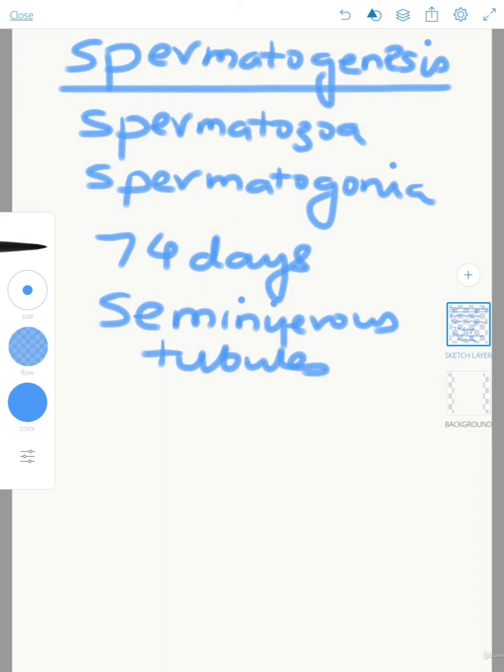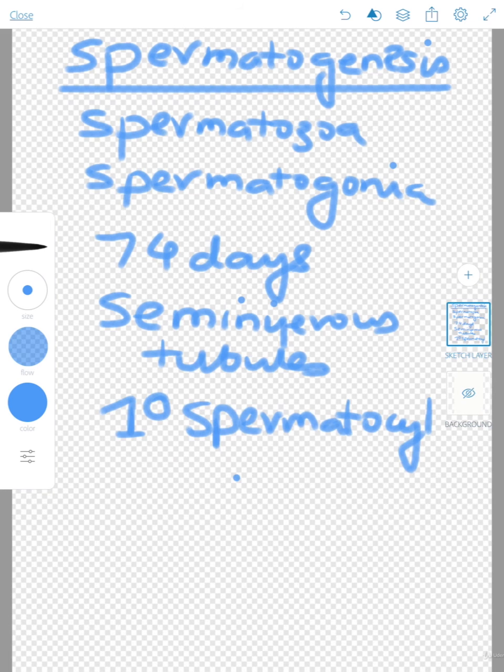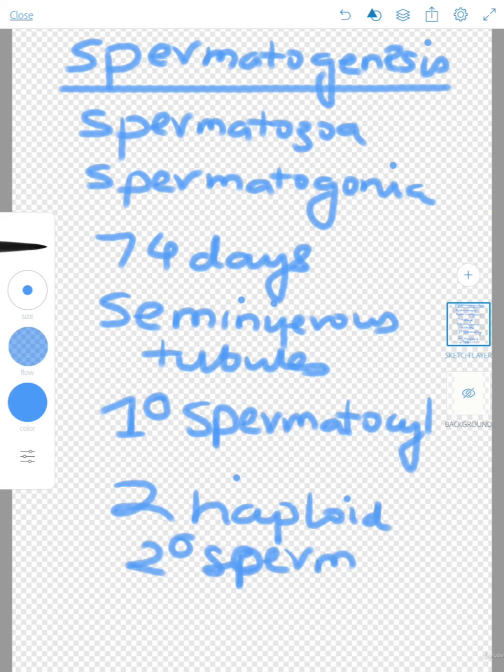Okay, now each primary spermatocyte undergoes first meiotic division to form two haploid secondary spermatocytes. I'll come to the flow chart very soon.